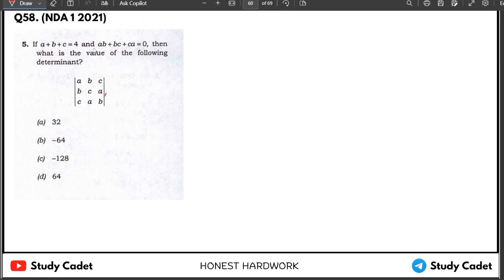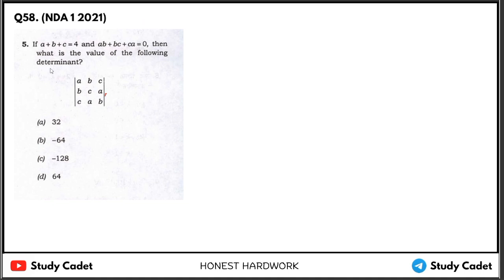If a plus b plus c equals 4, then what is the value of the determinant with a, b, c, cubes? It is simply minus of a cube plus b cube plus c cube minus 3abc.